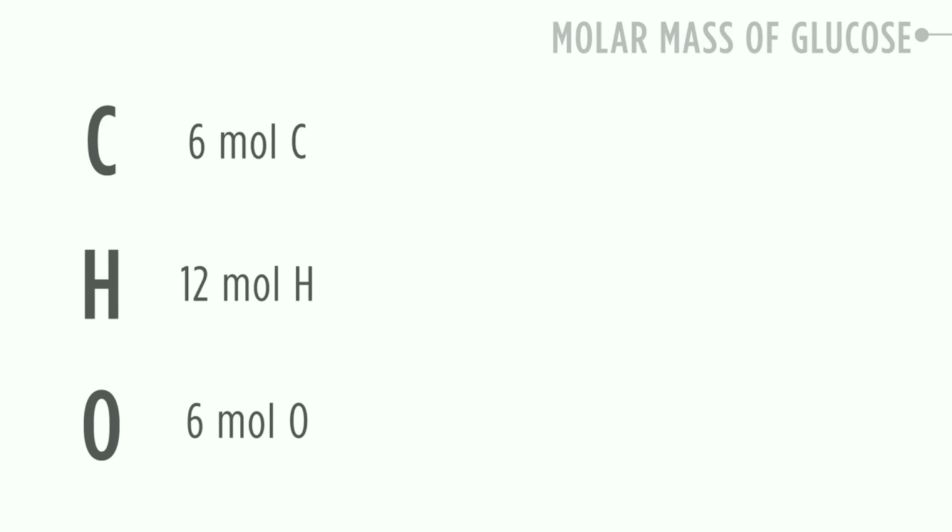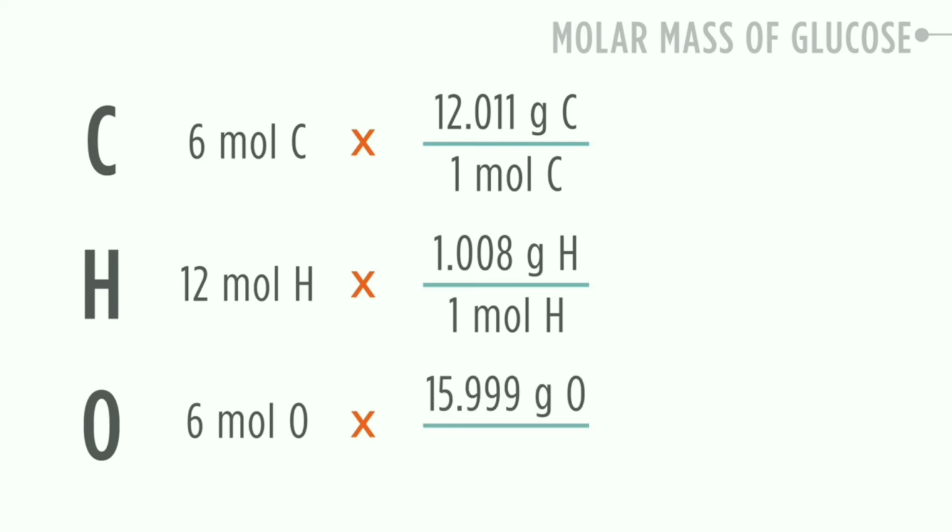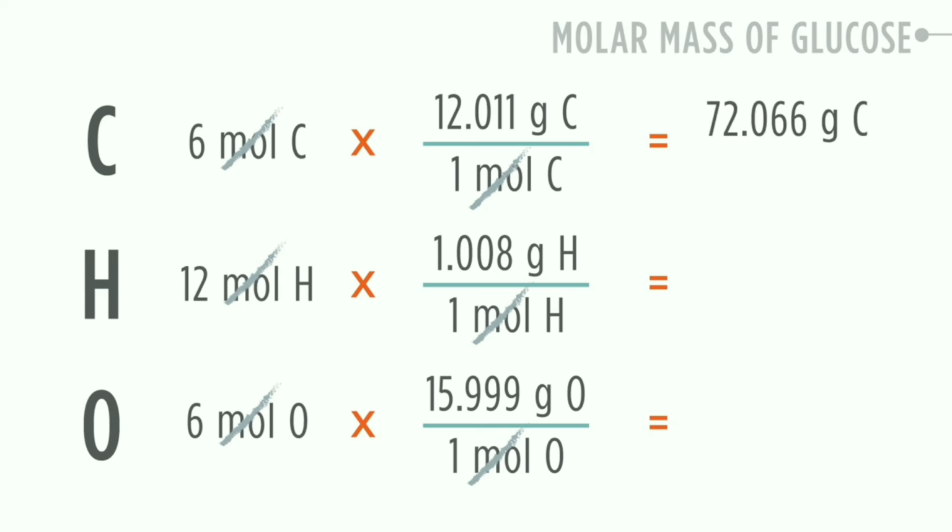To get the amounts of each one of these, we need to multiply by their atomic mass in grams per mole. So 12.011 grams per mole for carbon, 1.008 grams per mole for hydrogen, and for oxygen, 15.999 grams per mole. The moles will cancel out. We'll end up with 72.066 grams of carbon per mole of glucose.